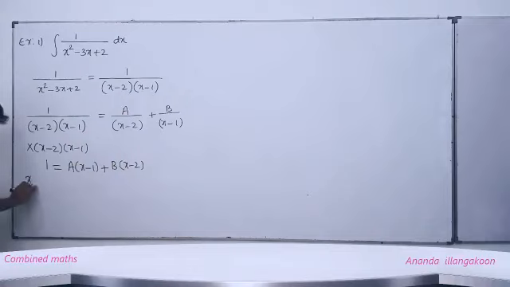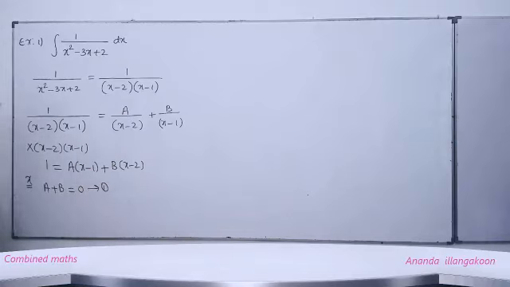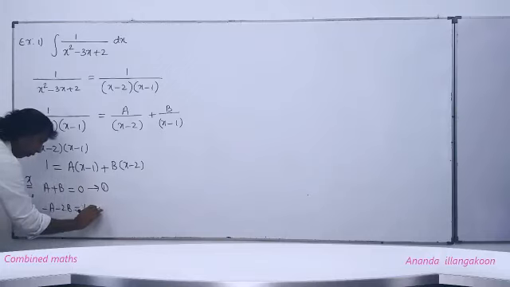We can equate x coefficients: here A, here B. Left hand side, no x term, coefficient 0. Number 1. Constant terms we can equate: minus A, here minus 2B. Minus A minus 2B is equal to the left hand side constant term, which is 1.